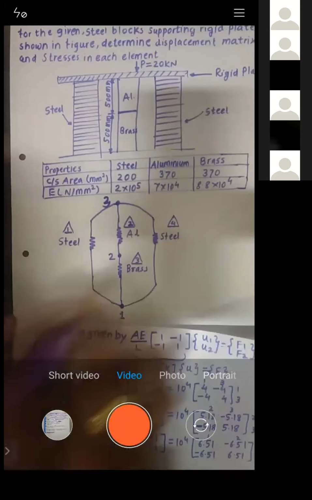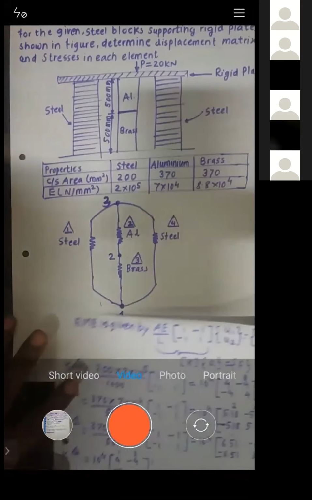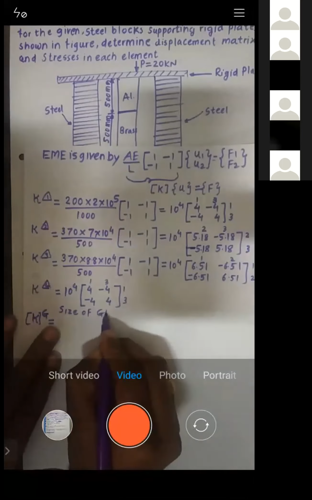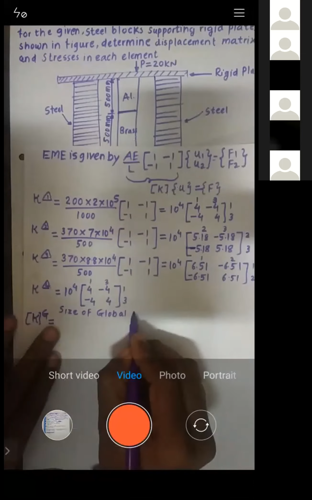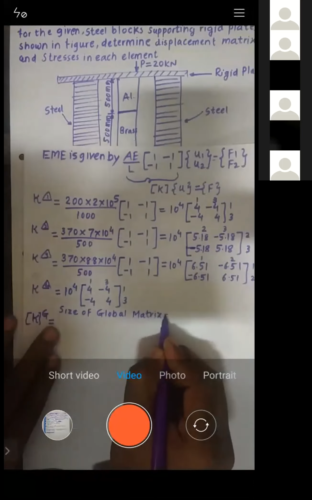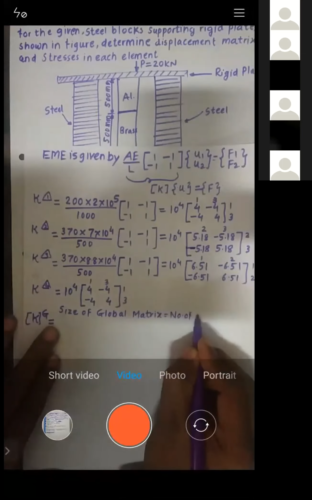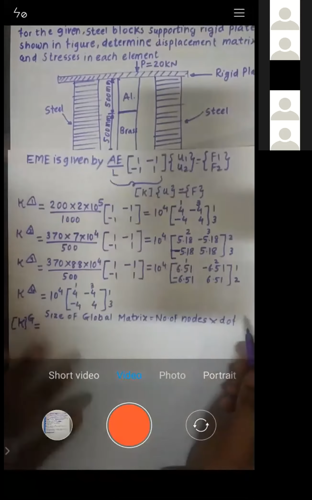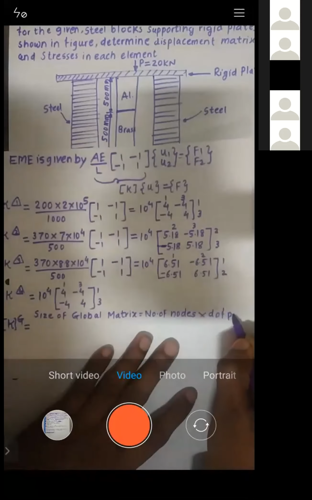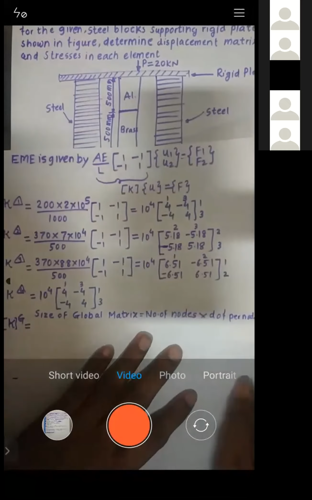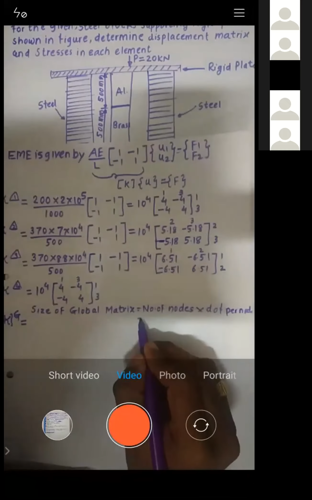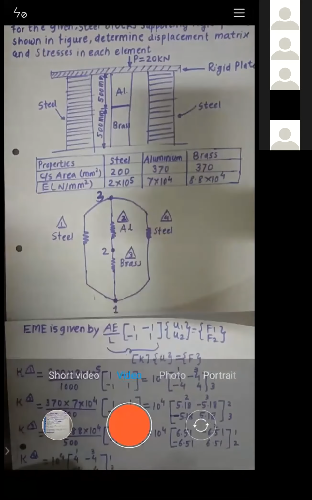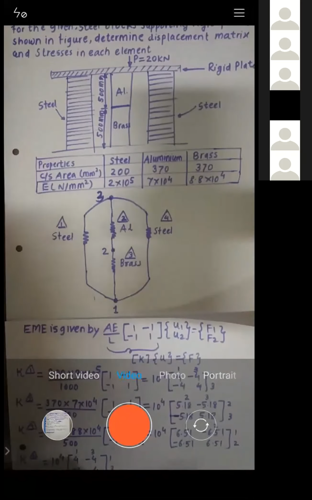Size of the global matrix is equal to number of nodes multiplied by degrees of freedom per node. So how many nodes are there in this problem? 3. Right?